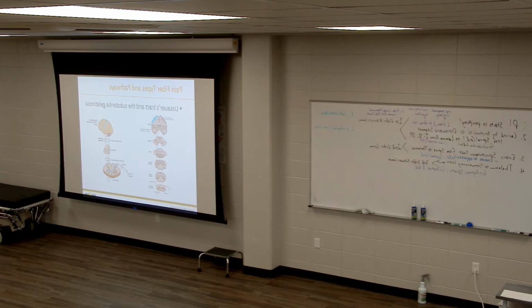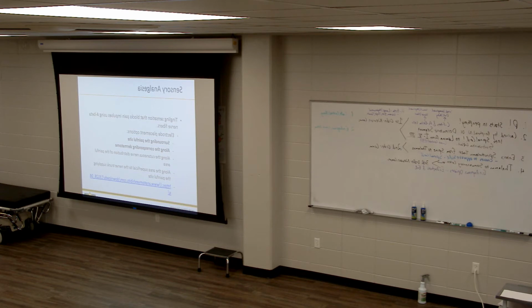If I am trying to do gate control theory, I'm trying to produce what's called sensory analgesia. Trying to lower the pain number, trying to decrease the sensory response and produce analgesia, lowering my sensitivity to it.